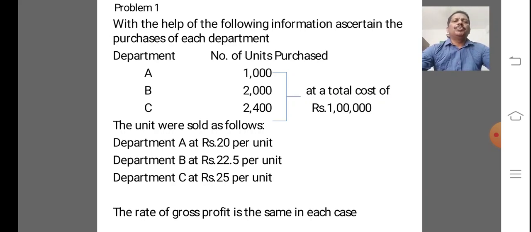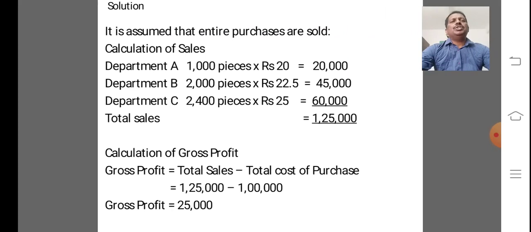The units were sold as follows: Department A at rupees 20 per unit, Department B at rupees 22.5 per unit, and Department C at rupees 25 per unit. The rate of gross profit is the same in each case.